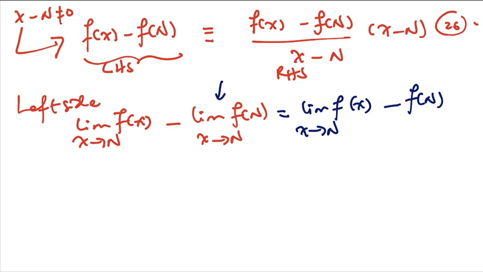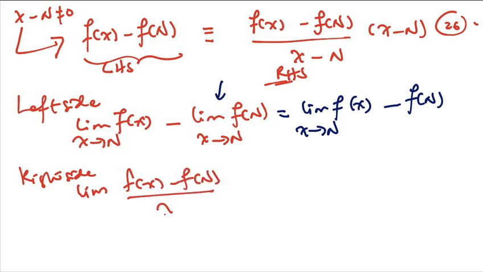Now, what about the right side? This is the right hand side. When we take the limit here, it is the limit of fx minus fn divided by x minus n as x approaches n, multiplied by the limit of x minus n as x approaches n. You can see what kind of limit theorem we are applying.